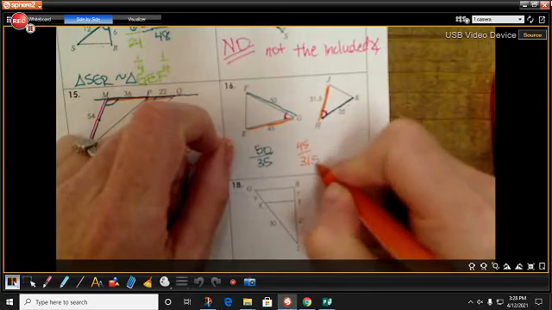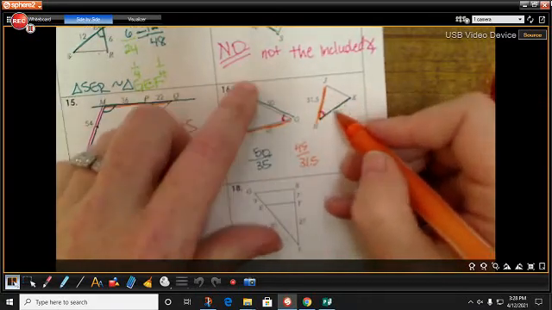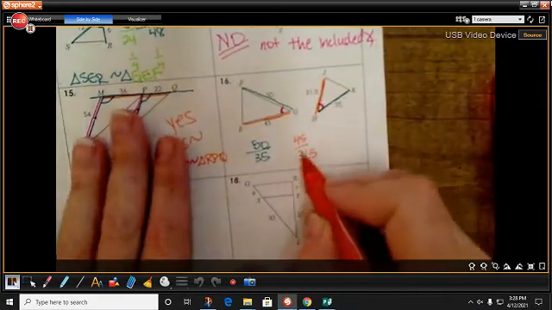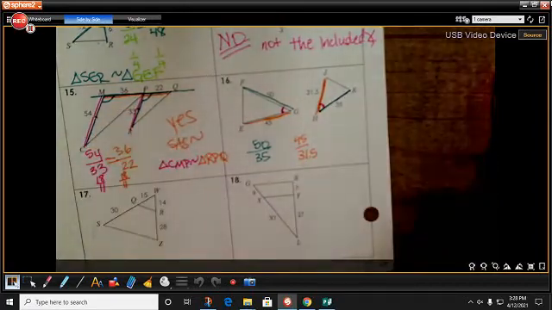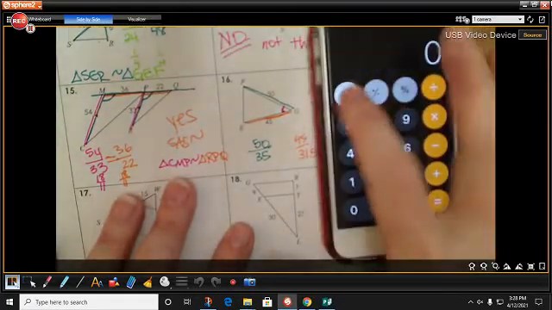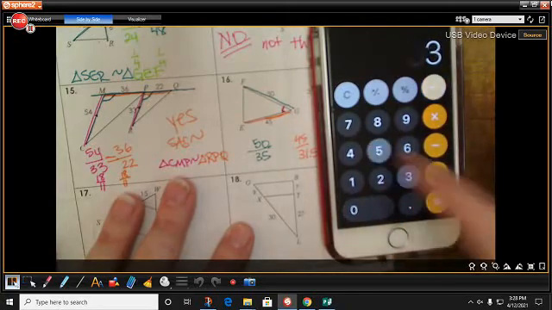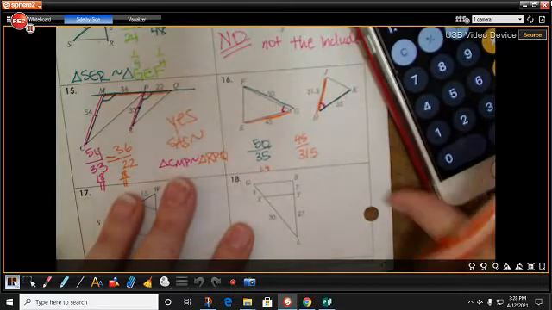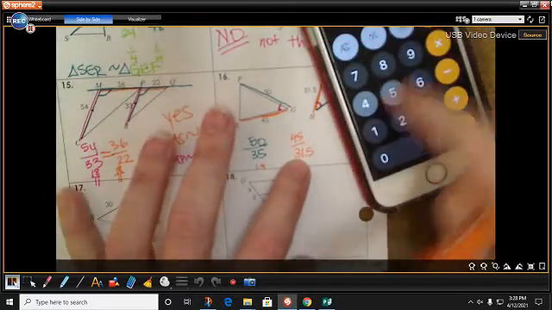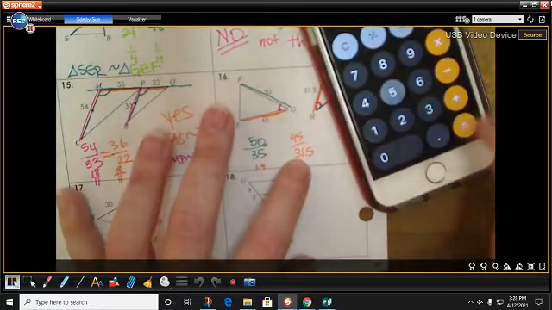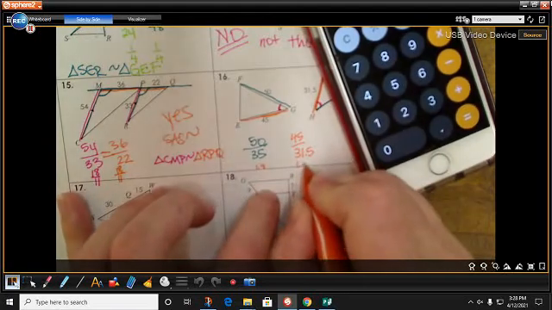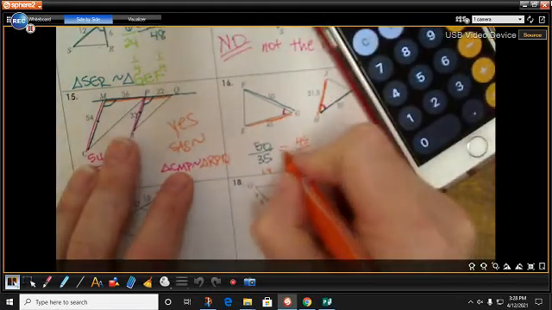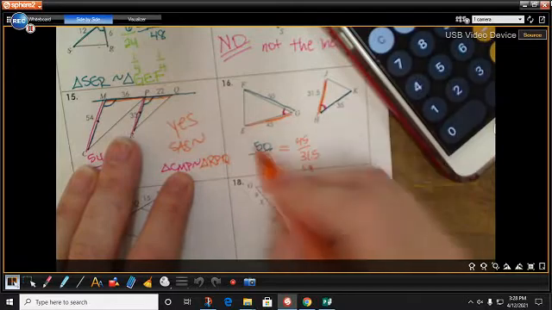And so since I have side, angle, side, I just need to make sure that this is actually proportional. And so if I go into my handy dandy calculator here, 50 over 35 is 1.4. And on the right, 45 to 31.5 is also 1.4. So yes, I have proportional sides with an included angle.